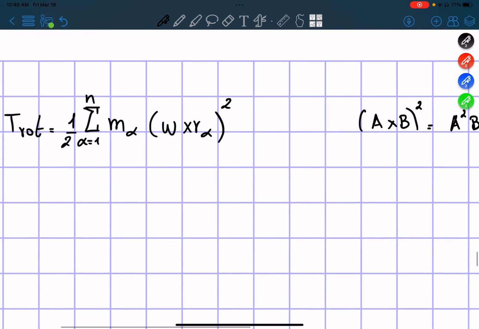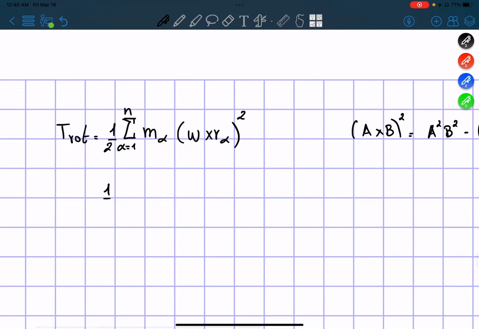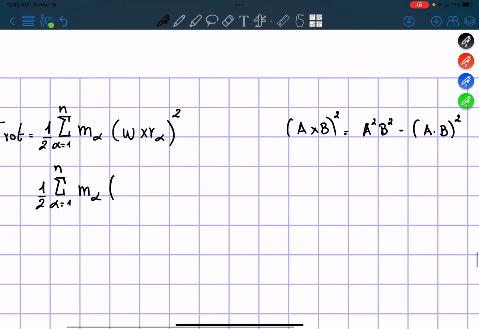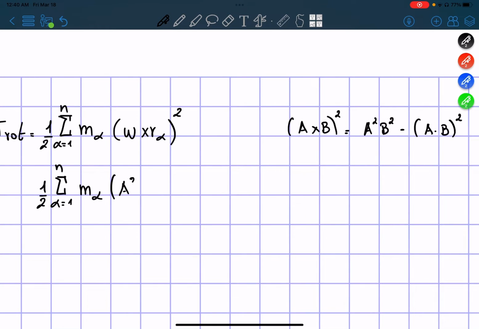So we can rewrite this as 1/2 the sum from alpha equals 1 to n of m alpha with a squared b squared minus a dot b squared.